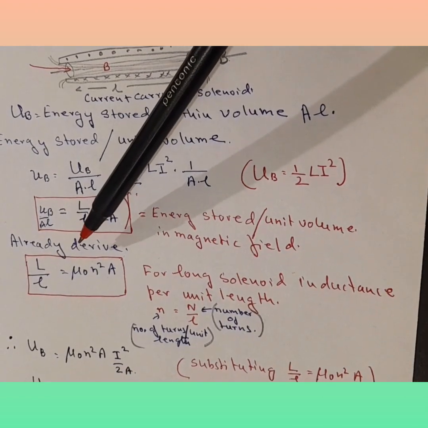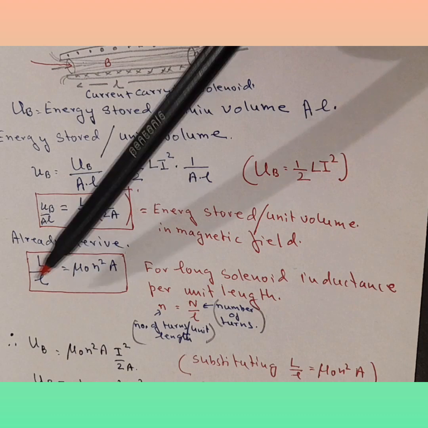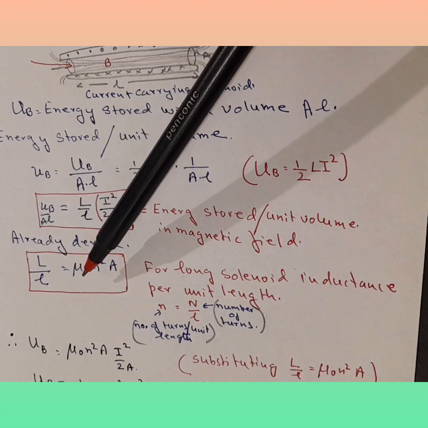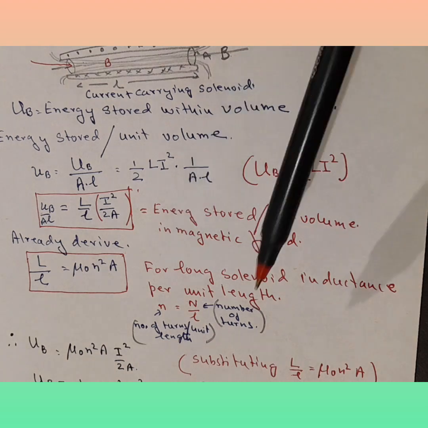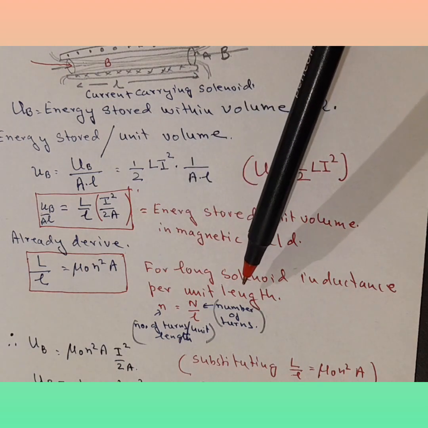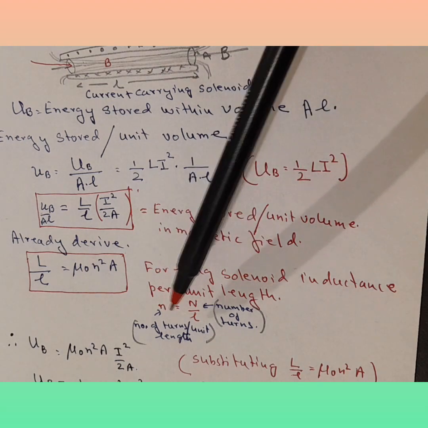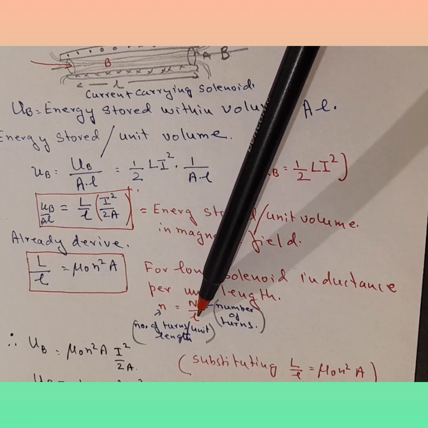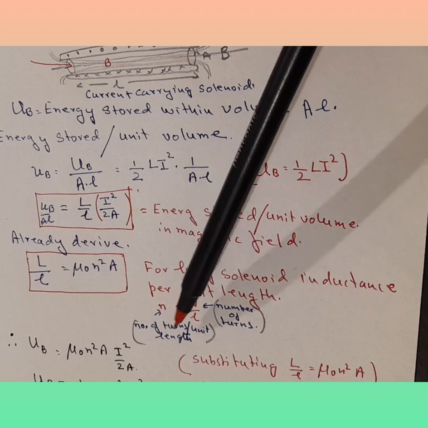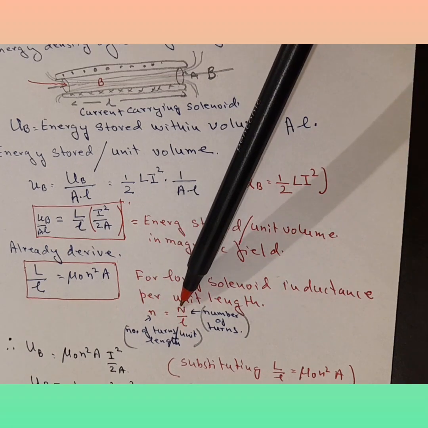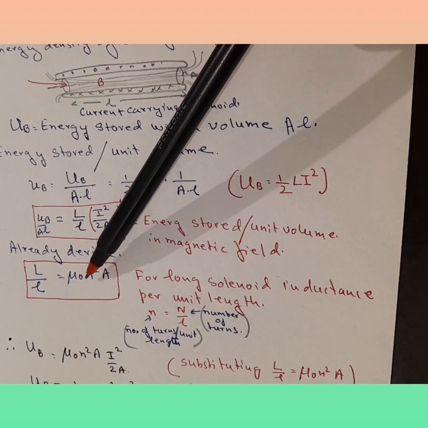Now we already derived that L over l is mu 0 n square A for a long solenoid, inductance per unit length. We had seen that small n is equal to capital N over l. This is number of turns and this is number of turns per unit length. This is just to recap so that you don't have any confusion.